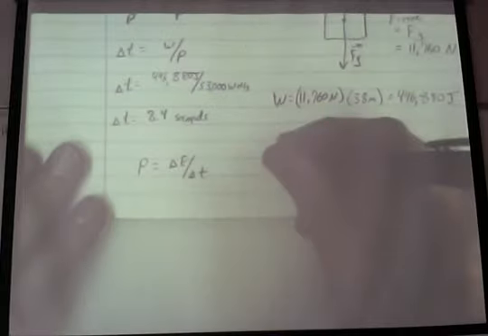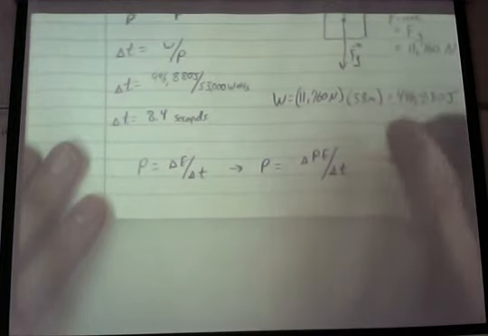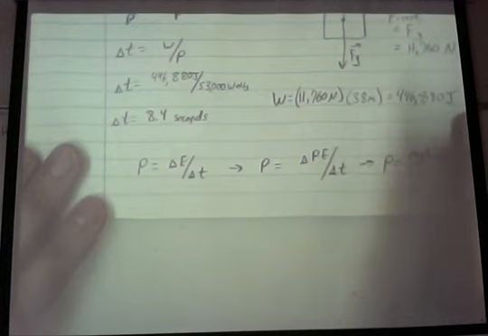So this would be power equals change in potential energy divided by time, or power equals mass times gravity times height divided by time.